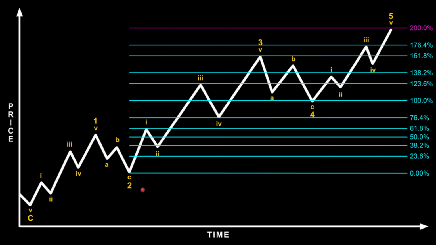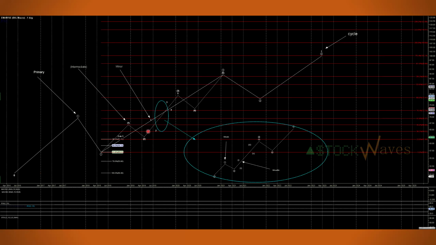So we use that as we look for agreement at those smaller degrees. We're using that Fibonacci pinball path to make sure that we're on the right page. We also, as we said, mentioned that things are fractal.